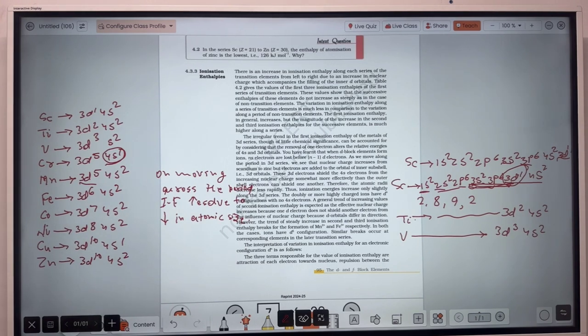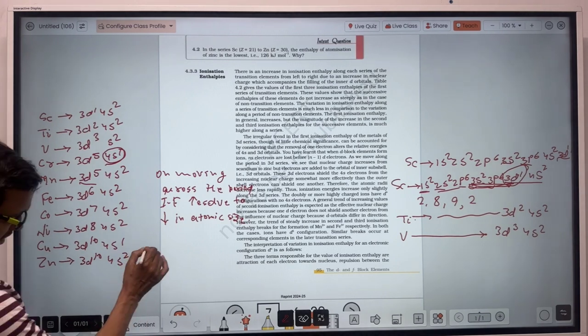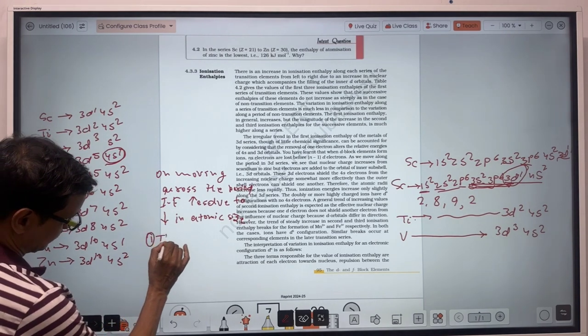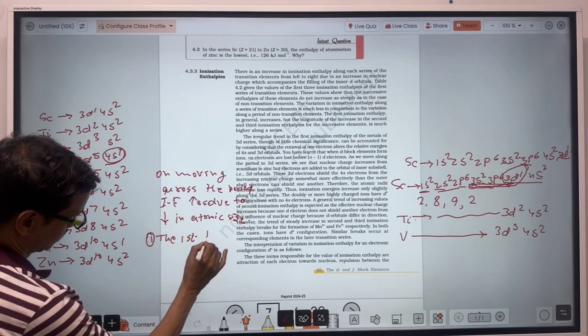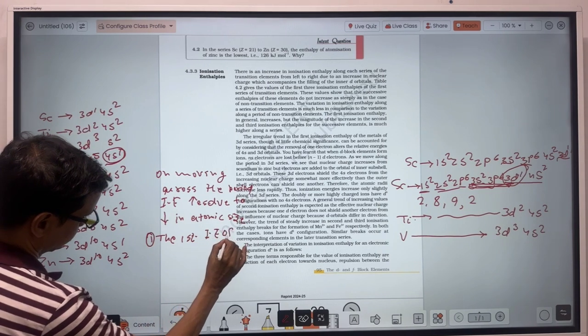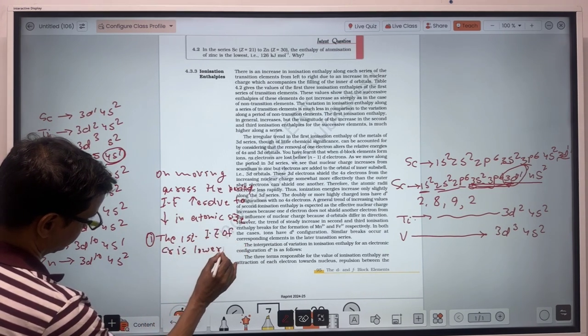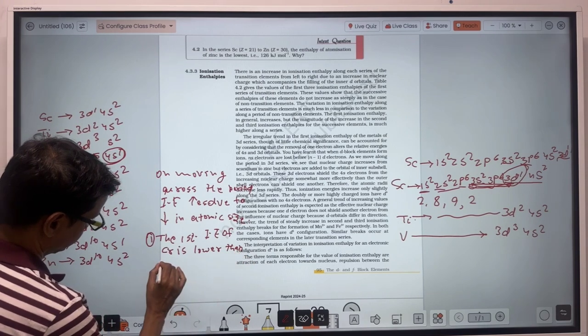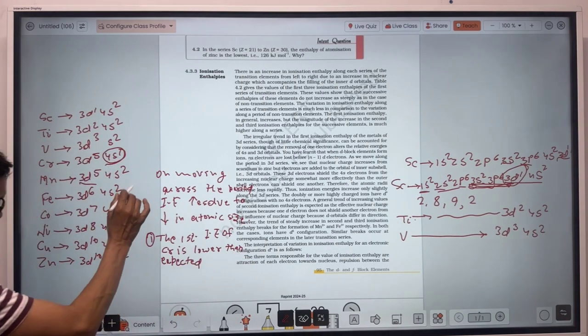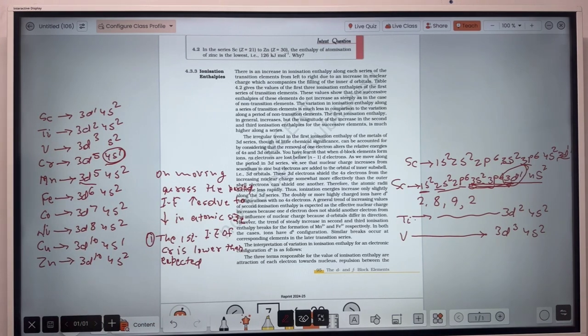Okay, so the first one is here. Then after that, come to copper.